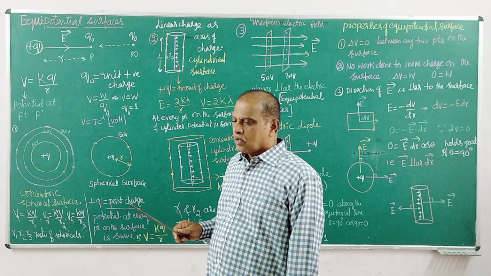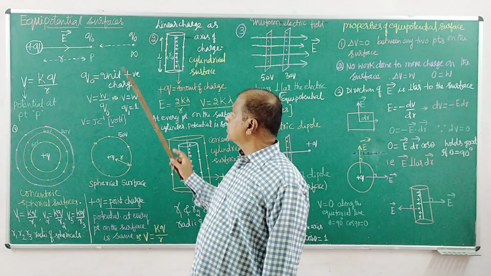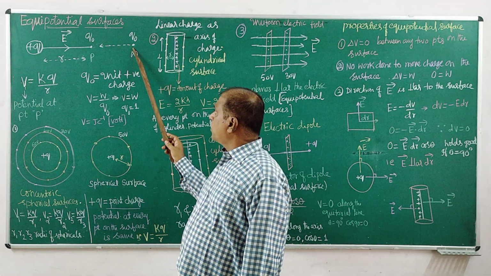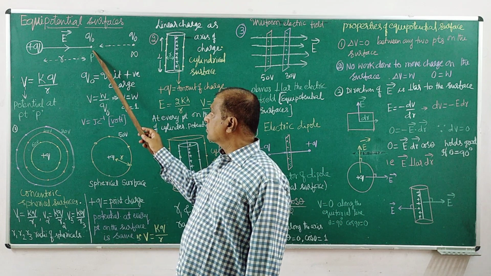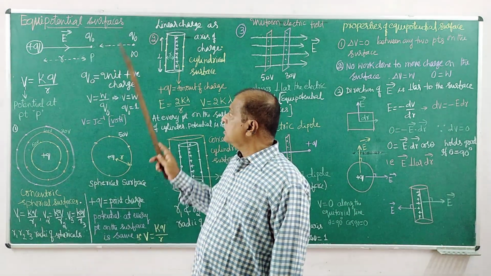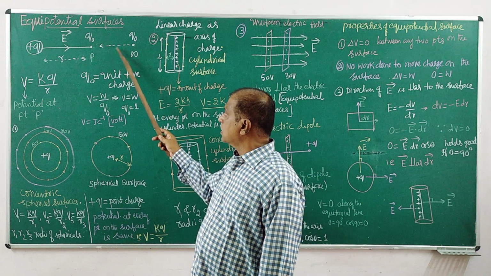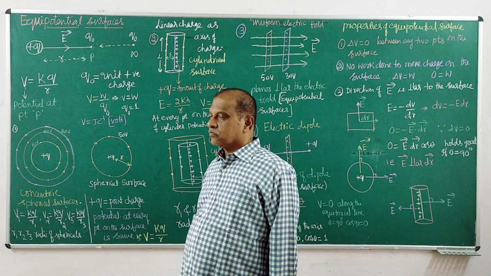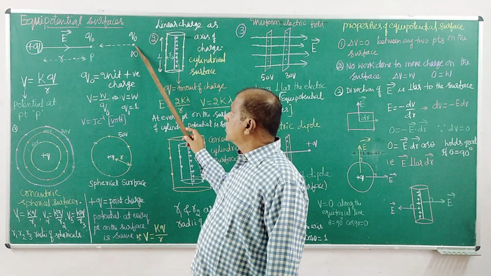In the other alternate fashion, what is the definition? The same charge at infinity, we can move from there back to the initial point. For this, work we have to do on the charge, because the point charge cannot move against the electric field repulsion by itself.